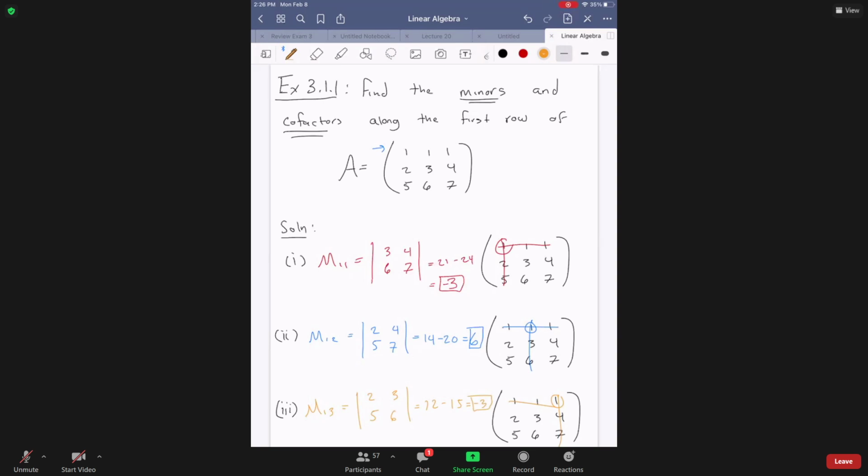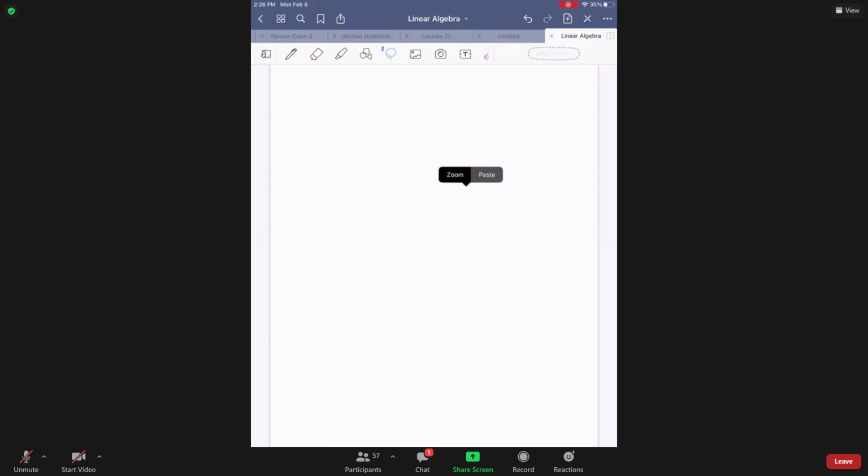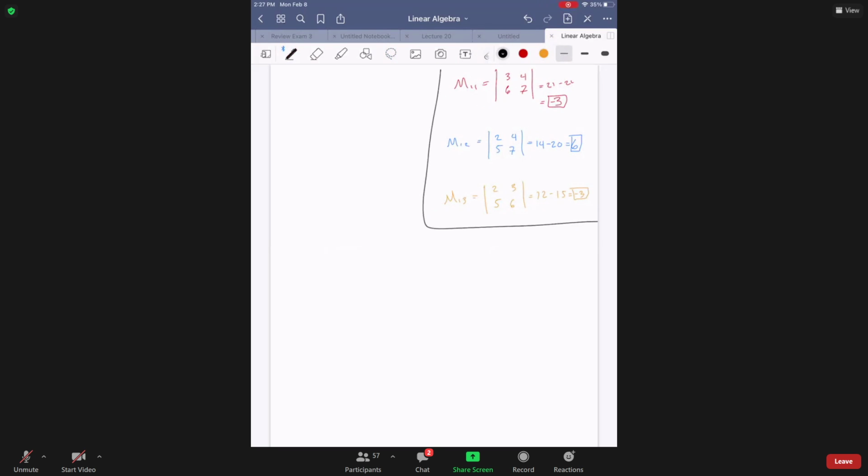Now let's look at the cofactor, right? Well, since we already have this, finding the cofactor is going to be easy. So let me just take this and copy. So let's put that here. Okay, so what is this going to be?